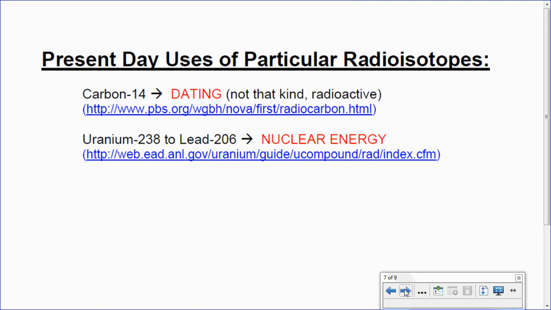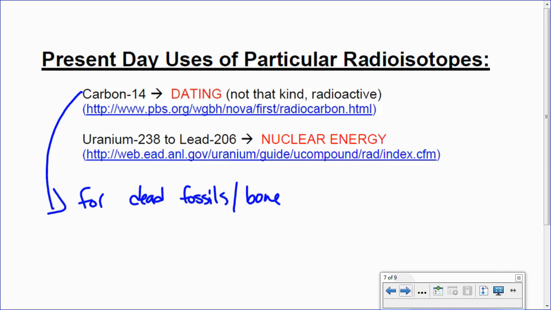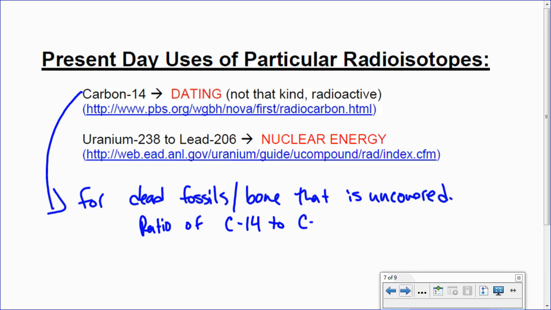Let's see what else we've got here. Present-day uses of particular radioisotopes. Carbon-14 dating is used to determine the age of dead fossils or bone that has been uncovered. These types of things tell us how long ago the sample died, and it looks at the ratio of carbon-14 to, I think, carbon-12.